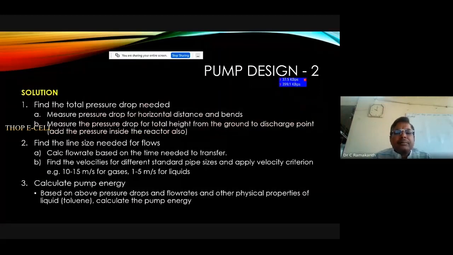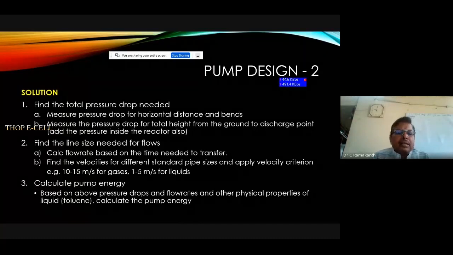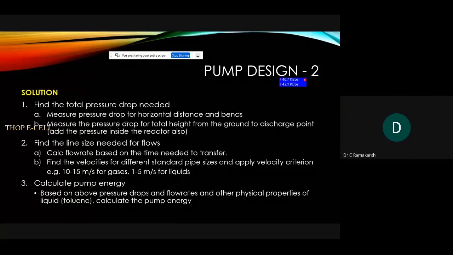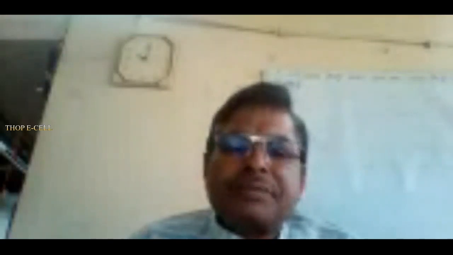Now based on that you work out the flow rate. If you take standard pipe sizes, like 1 inch, 25, 50, 75 or 100 diameter, you see which pipe will take it.